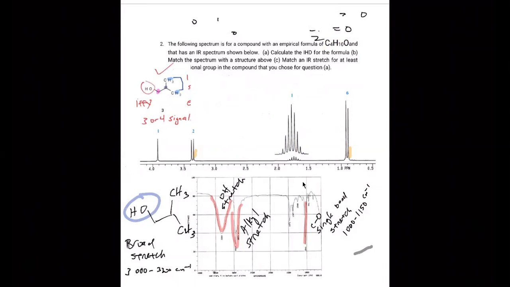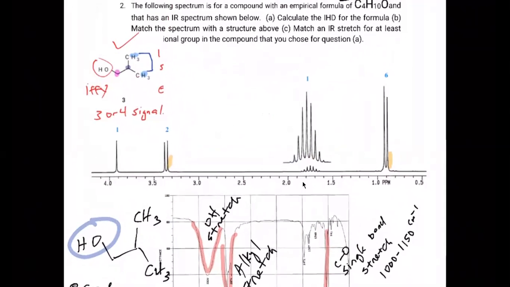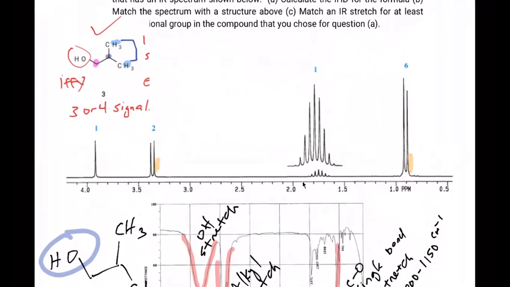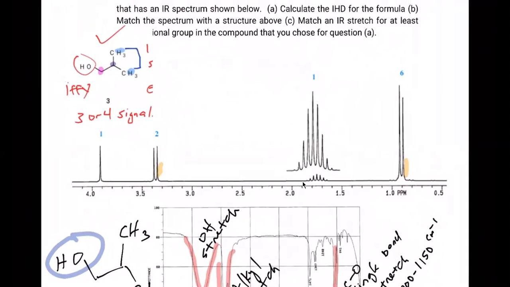So you can look at the spectrum and see that you got 4 signals. And then one of the signals is integrating for 6 protons. One is integrating for 1 proton. And then this is the OH. Right, remember I said the OH, sometimes you can see it, sometimes you can't. So that's the OH proton, and then you have a signal here, a doublet, that's integrating for 2 protons.